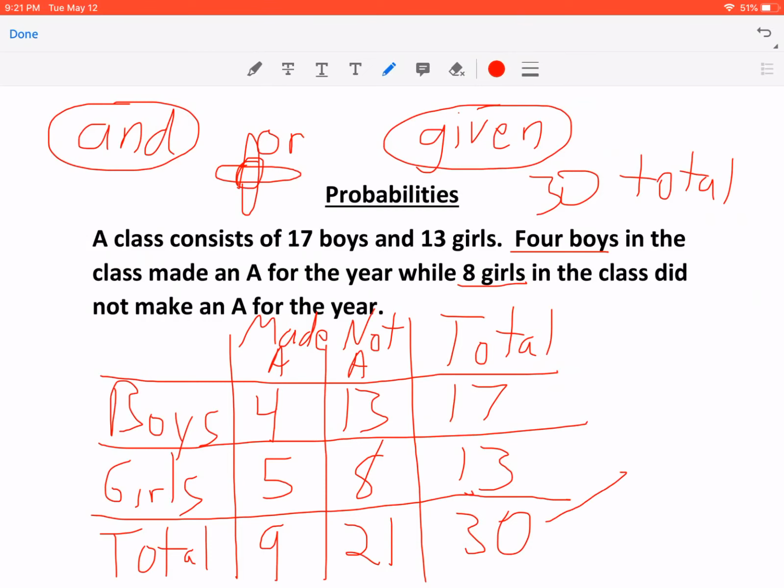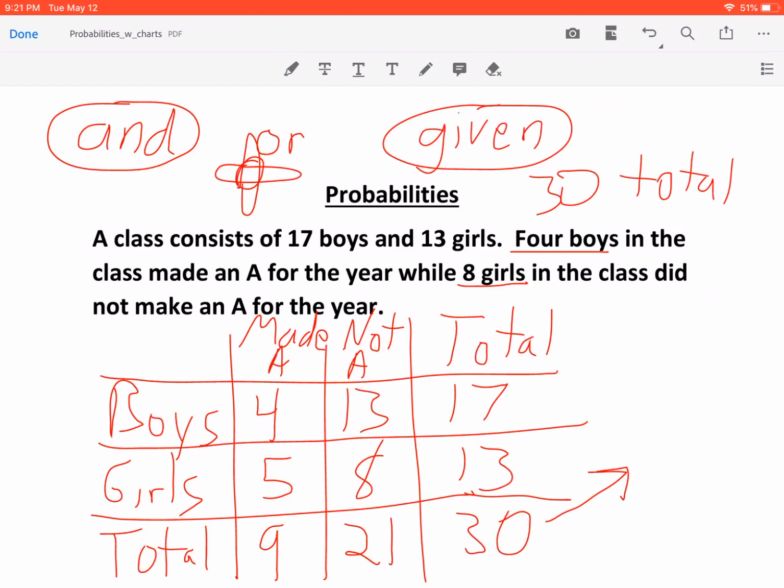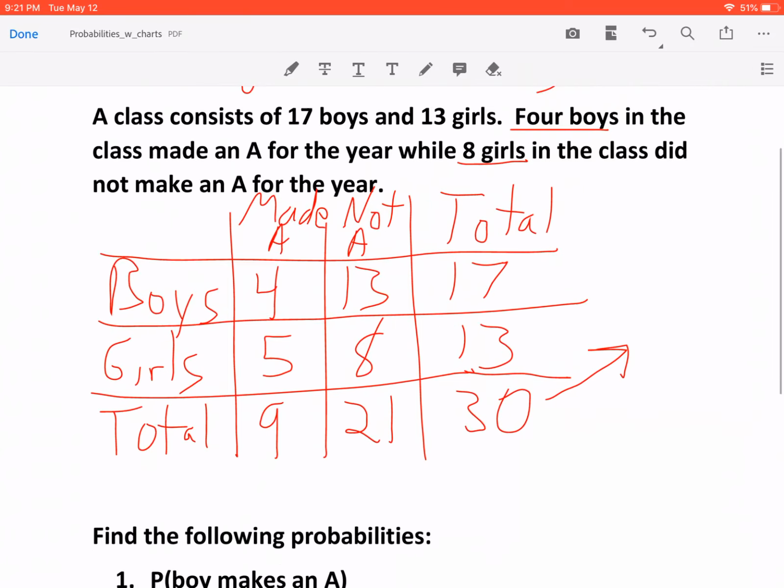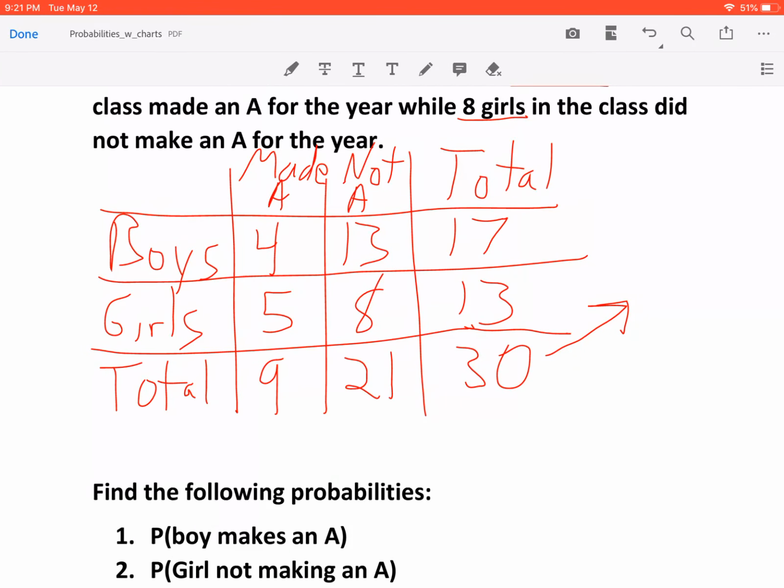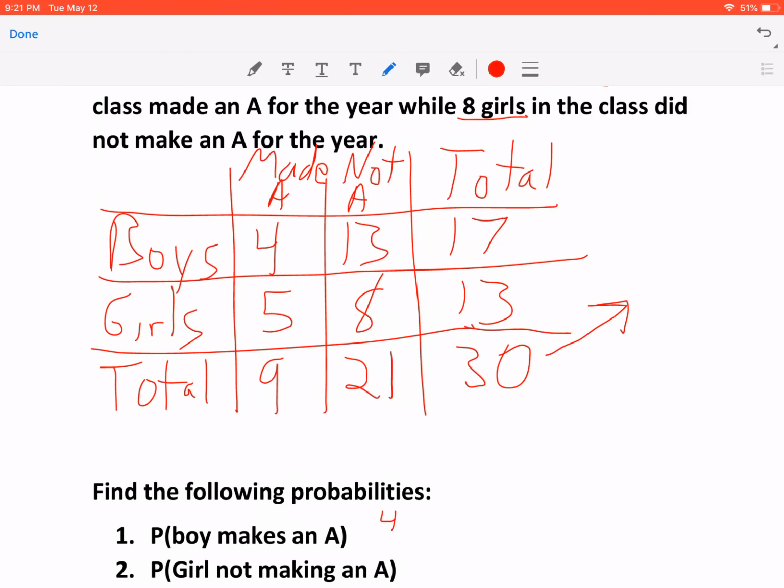Remember, this is going to be your denominator for most of the problems unless it has given in it. All right? So we have that. And again, for your answers, keep them as percents and take them to the nearest tenth. So if it's the probability that a boy makes an A, we're only concerned about boys that made an A, so that should be 4 out of the total, 30.